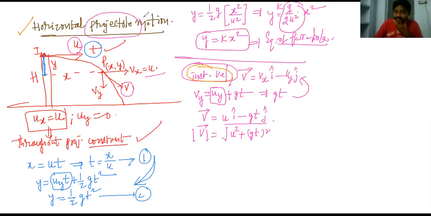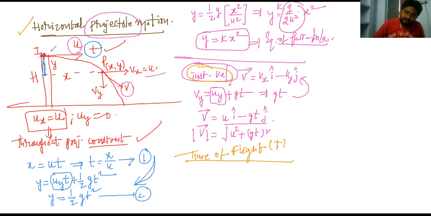What is time of flight? Let me find the time of flight, my dear students, which is denoted with the symbol capital T. Imagine the particle has traveled from here to here.